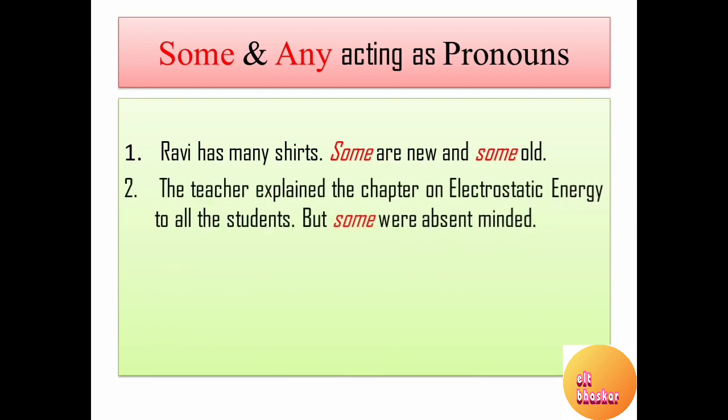The teacher explained the chapter on electrostatic energy to all the students, but some were absent-minded. So some here refers to students. So some is acting here as a pronoun. Okay, we know that a pronoun is that which is used in place of a noun. So what is the noun here? The students. So some is used in place of the students. Okay.